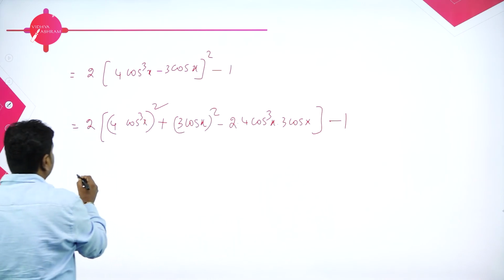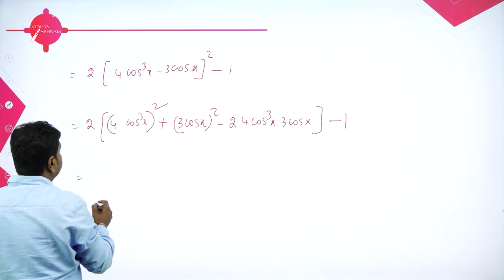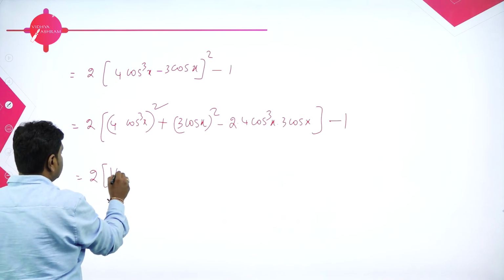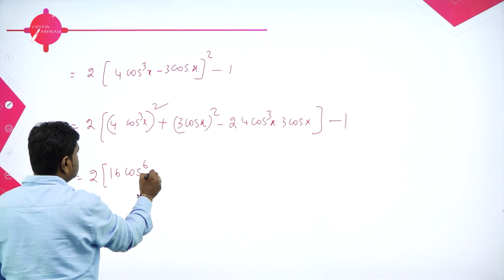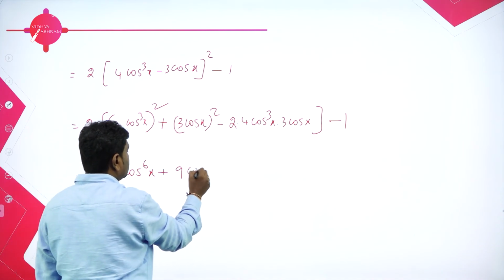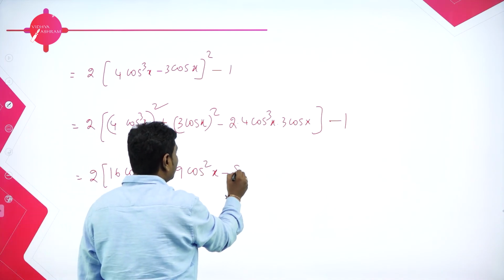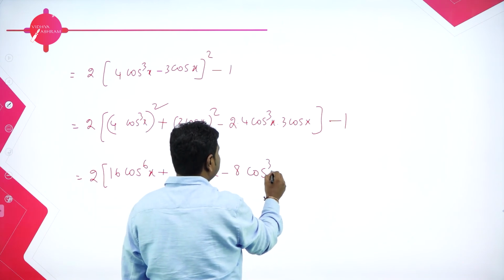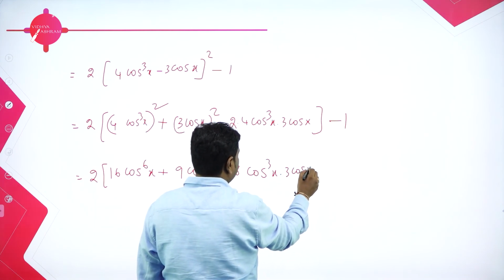Now simplify this. All of you know 4 square is 16. So 2 times 16 cos power 6x plus 3 square is 9 cos square x minus 2 4s are 8 cos cube x into 3 cos x, minus 1.